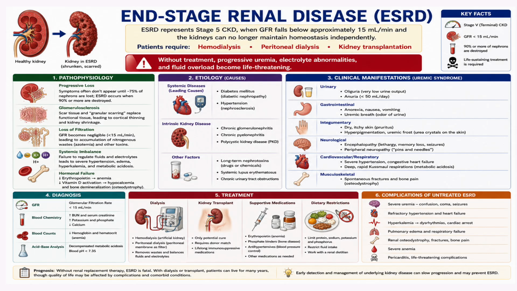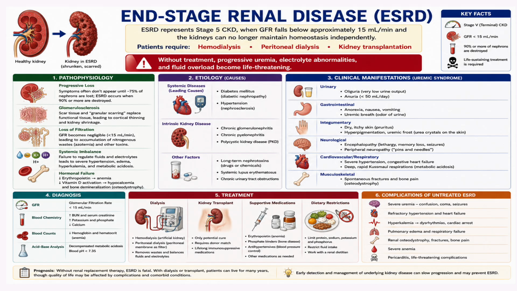Here is a cheat sheet for end-stage renal disease. Please print it out or download it and please review it. Once ESRD develops, renal replacement therapy becomes necessary for survival. Hemodialysis removes the waste and the excess fluid through an artificial filtration system.